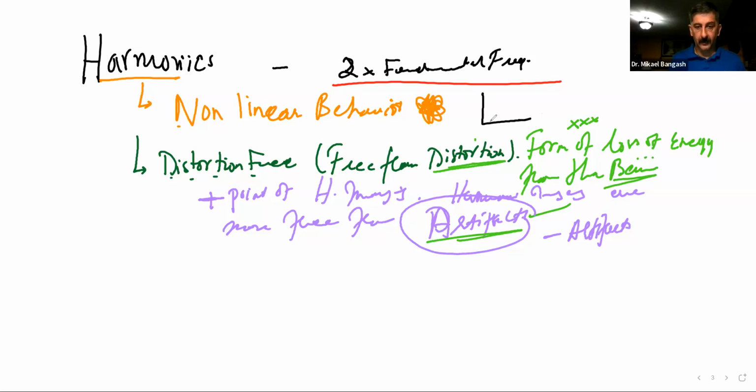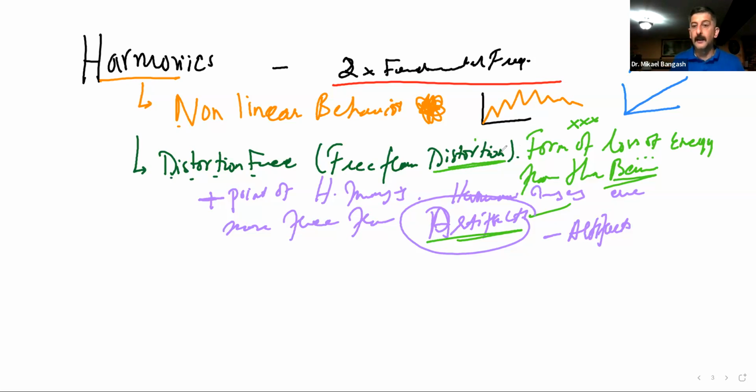If we draw a graph of two quantities where one or both show nonlinear behavior, the graph may be like this. This would have been the graph if there was a linear behavior. Second, it's going to be distortion free.